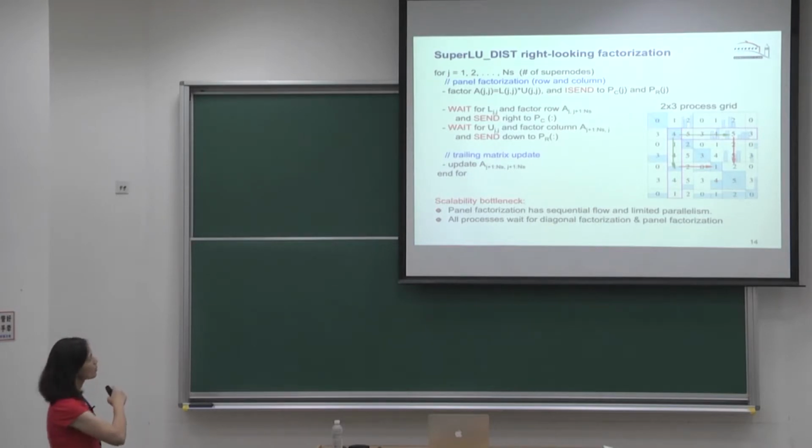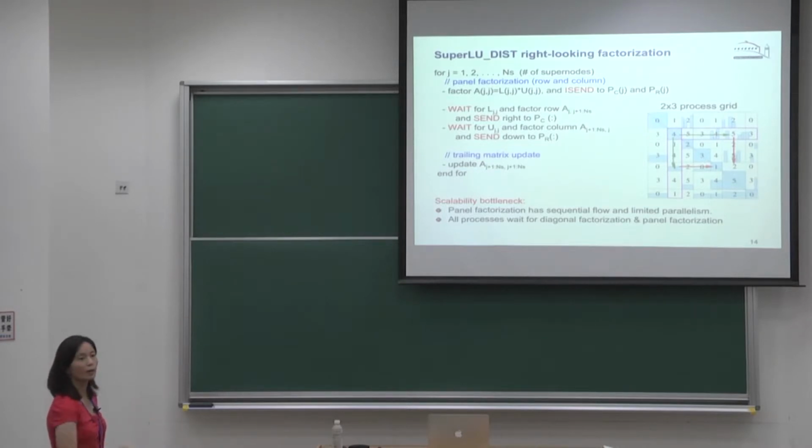So if you draw the timeline of this algorithm, you always have sequential panel 1, panel 2, like this going through. So the panel factorization has sequential flow. There's very limited parallelism. And then all the processes have to wait for diagonal factorization and the panel factorization. So it's actually not very scalable.